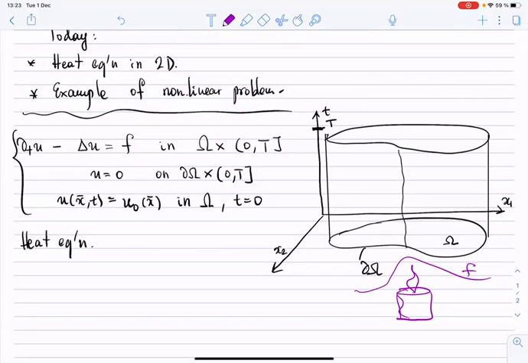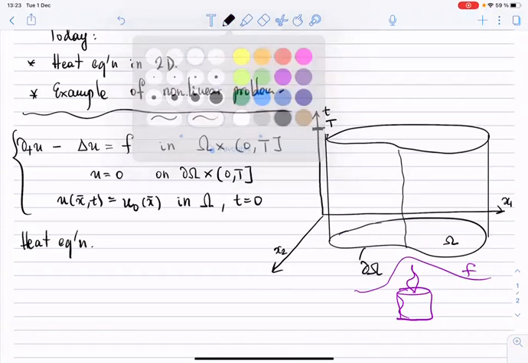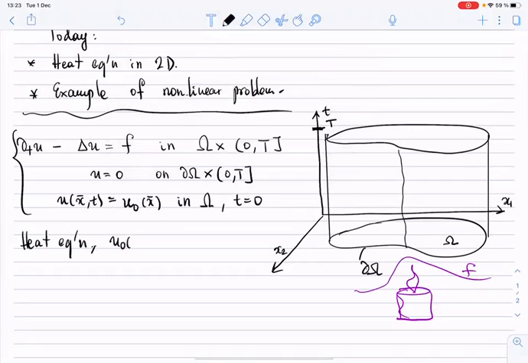It's like a surface, and it is warming up this domain, and we want to see the distribution of the heat when it changes in time. So something like that. So here we should know that u0(x) and f(x,t) are given. So they are given functions.